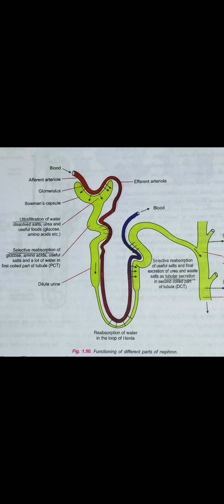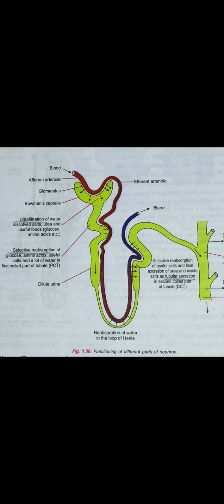These flat cells have very fine pores which allow passage of selective materials filtered out of the glomerulus. So the nephron acts as a filtration unit.